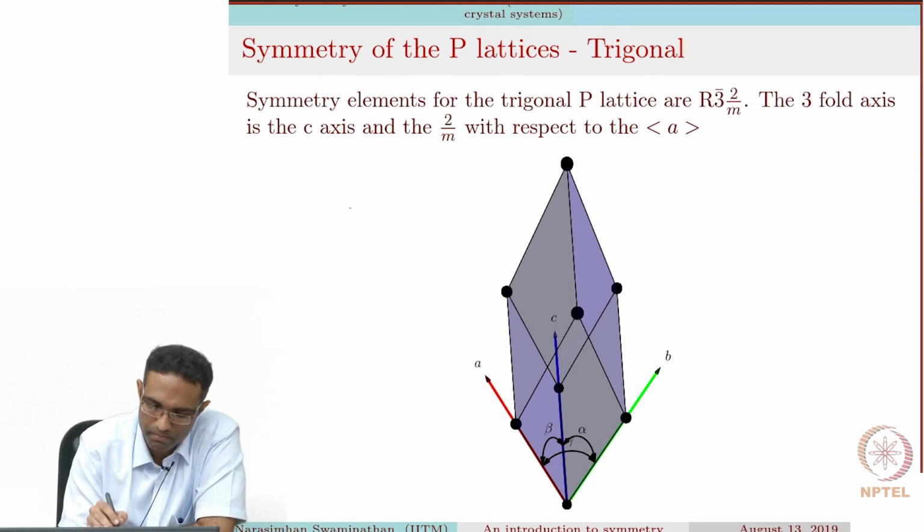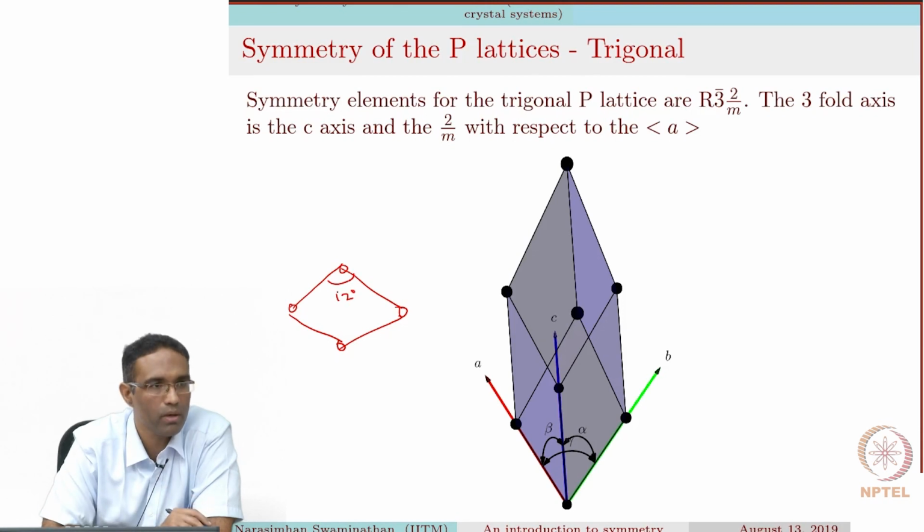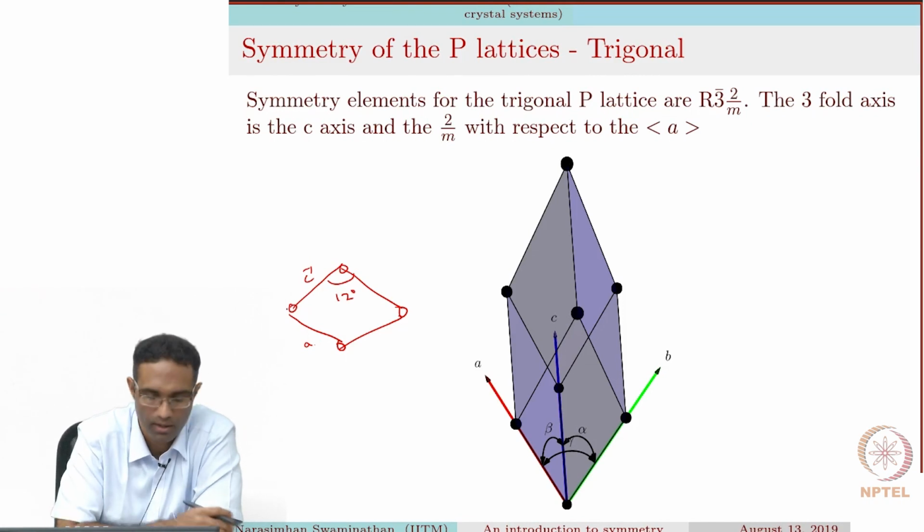You have an included angle of 120 degrees. So this may be A, this may be C, and this may be B, whatever it is.